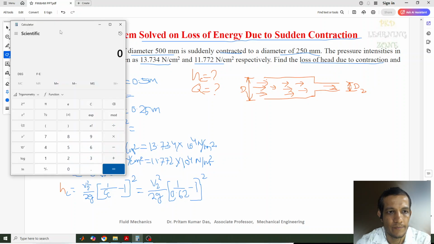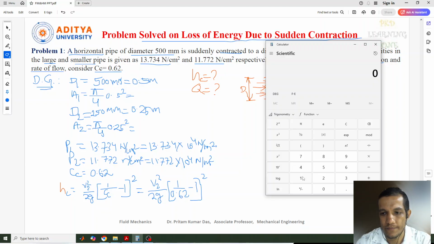So we can calculate this with the help of a calculator. Let's solve it: 1 divided by 0.62, minus 1, and square of this.